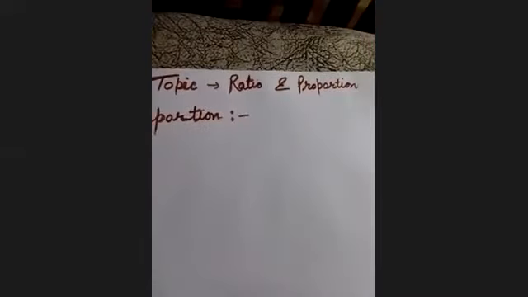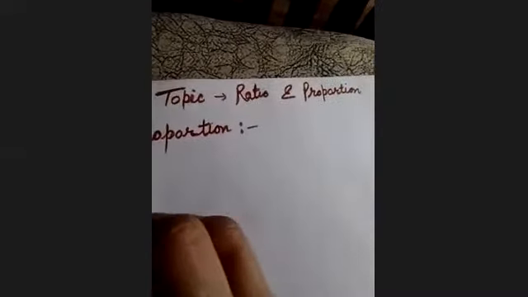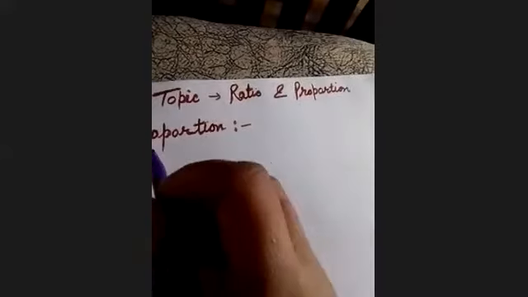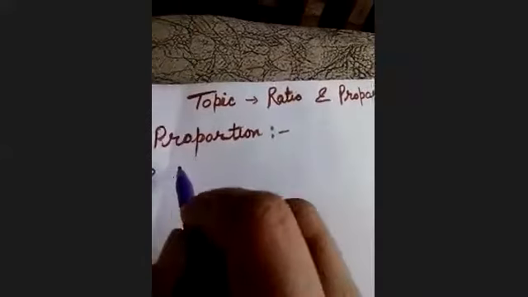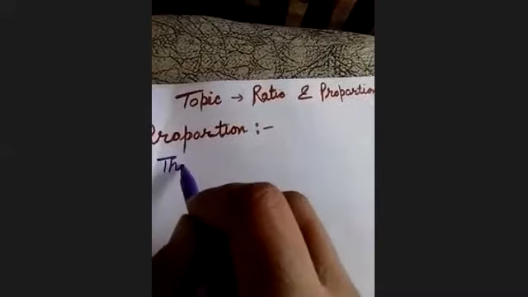For example, we have different statements. First is the ratio of rupees 12 to rupees 16.